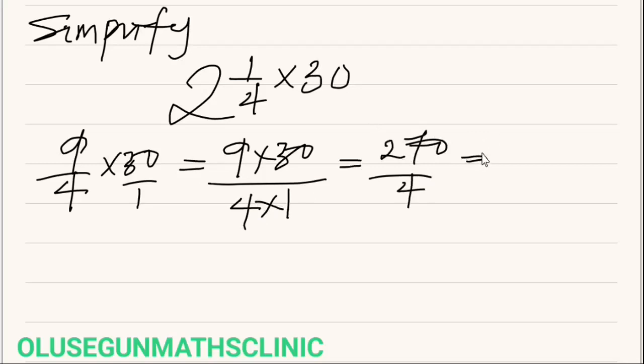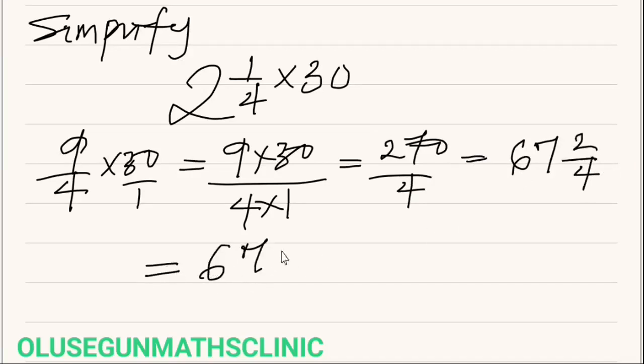In dividing this, 26 divided by 4, we have 24, we have 6. So in short, 67 whole number 2/4. So in this, we have 67 whole number 1/2. So this is how to multiply any fractions with a whole number.